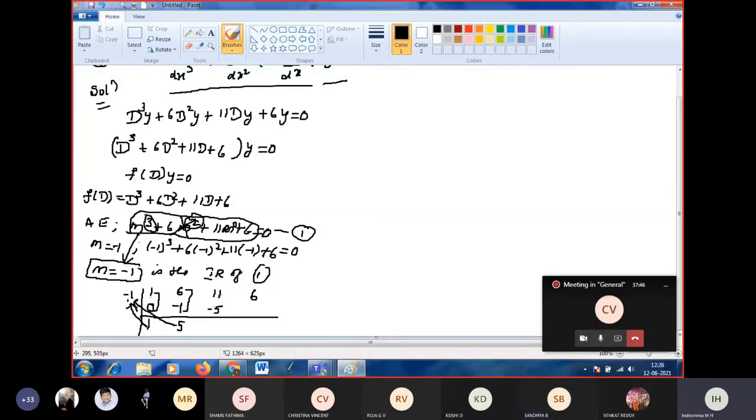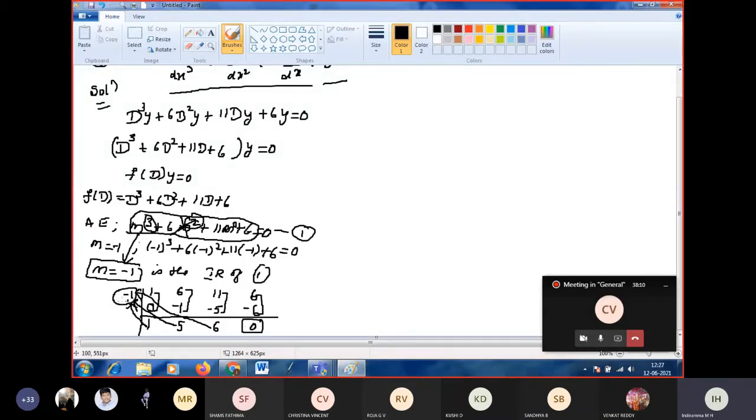Now you add these two. 11 plus of minus 5? 6. Multiply these two. 6 into minus 1? Minus 6. Add these two. 0. So you should get 0 if the first root is correct.